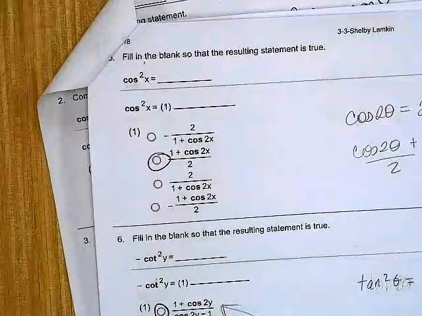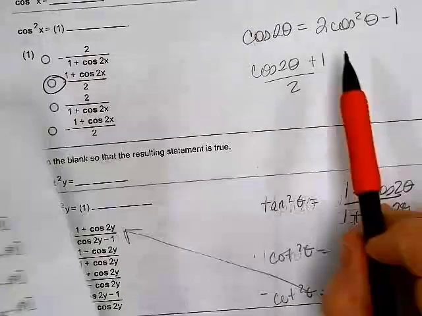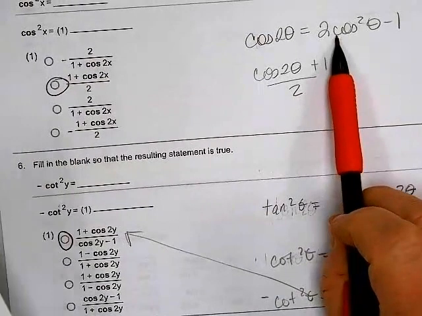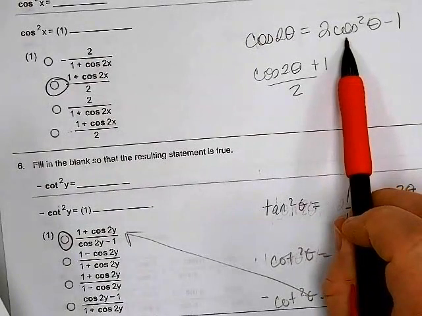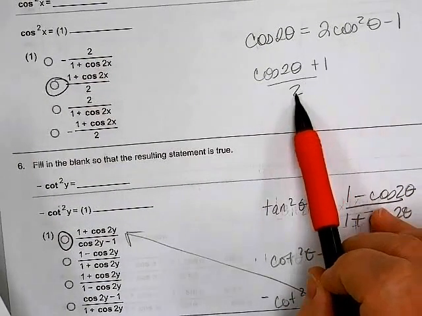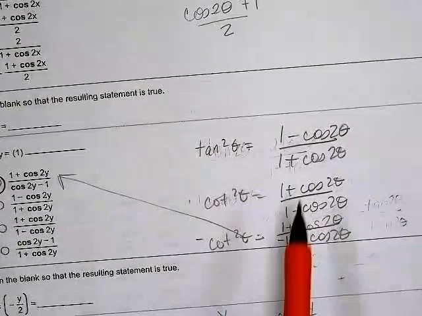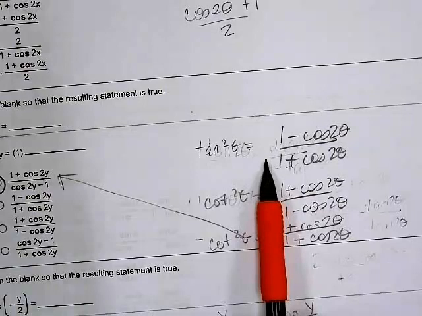Next, cosine squared x equals, and what they want us to do here is go to our double angle formula and solve for cosine squared. It's going to be cosine of 2 theta plus 1 over 2. That's the second choice here. Number 6, we start with the tan squared.